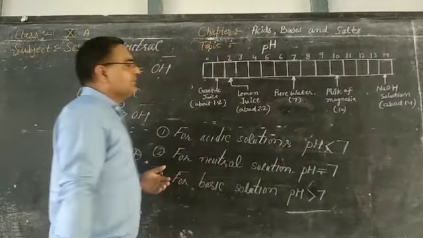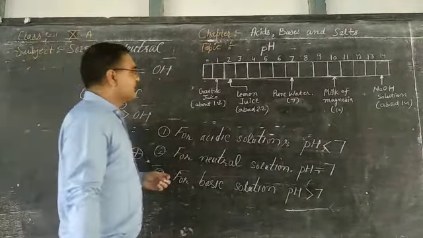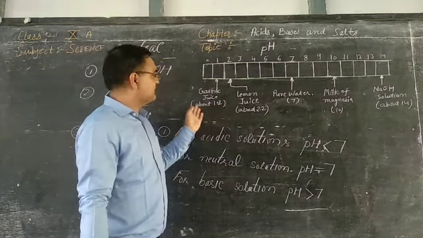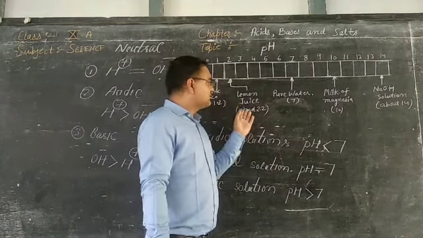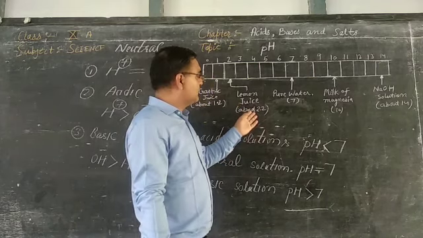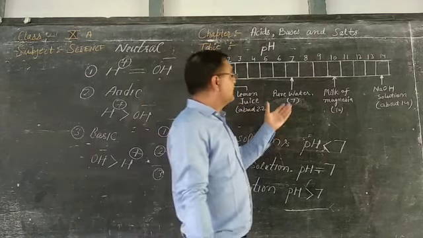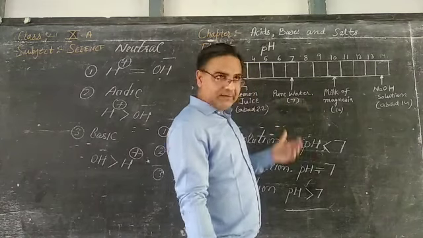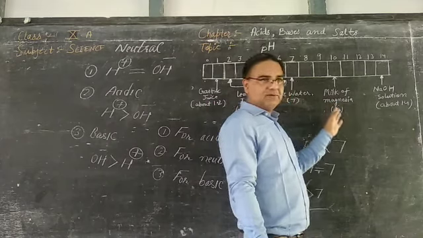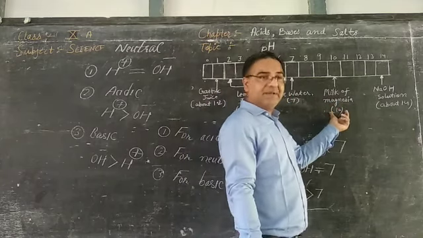So we are taking examples of these types of compounds. Gastric juice, pH value is 1.2, it means it is strongly acidic. Lemon juice, whose pH value is 2.2, is again strongly acidic. Pure water, its pH value is equal to 7, it is neutral in nature. Milk of magnesia, whose pH value is 10, is weakly basic.